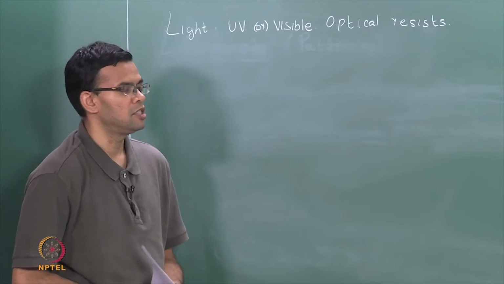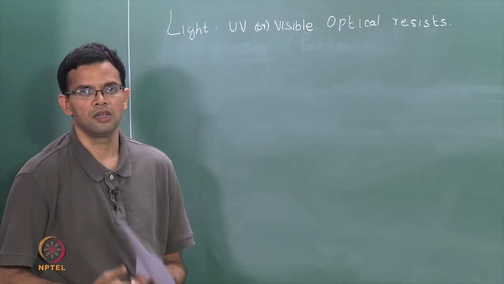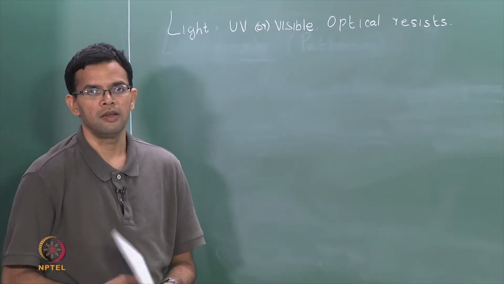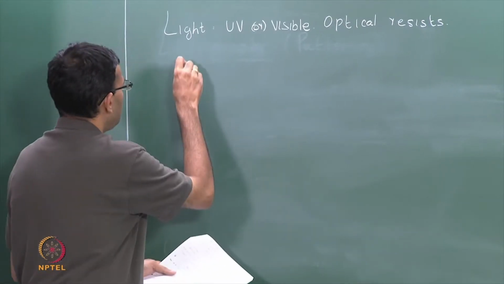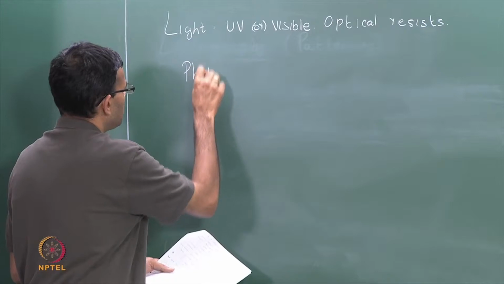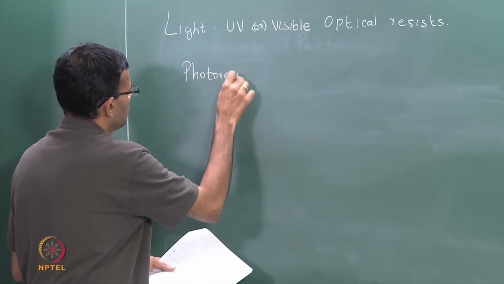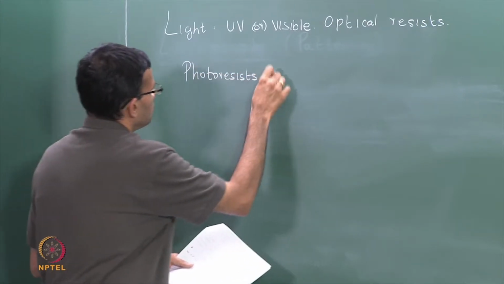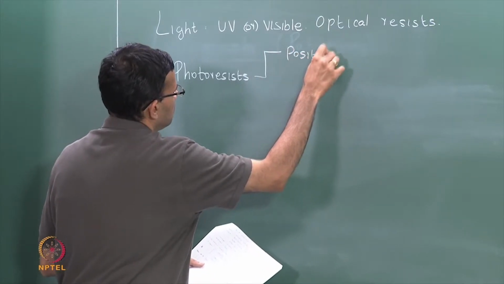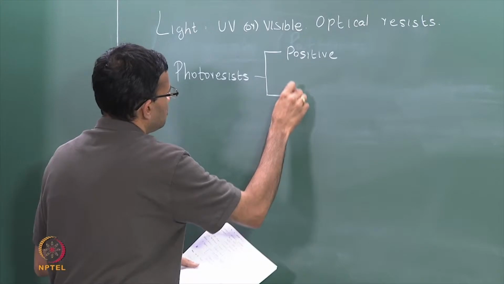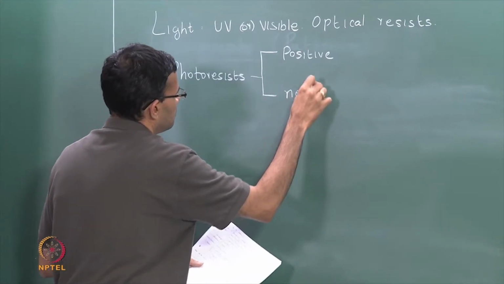Usually the light changes the way the resist is dissolved in a particular solvent. Based upon that, you can divide your photoresist into two types. One is called a positive resist and the other is called a negative resist.